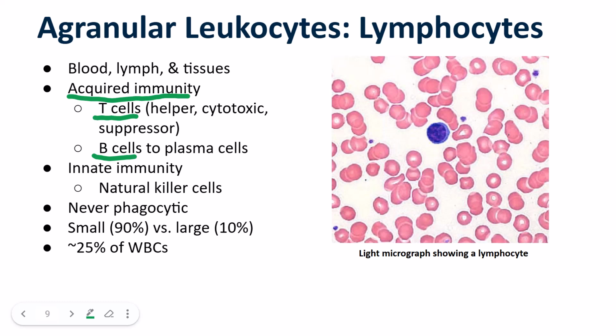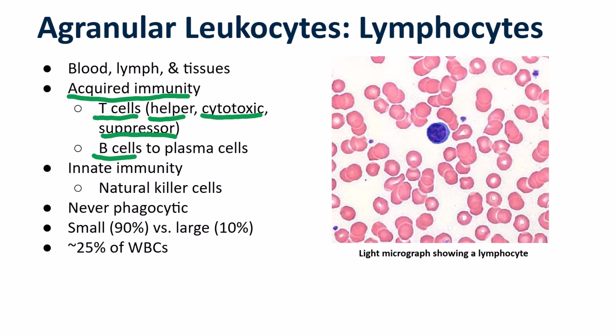T cells come in a variety of different types. There are T helper cells. T helper cells are going to be stimulators of other lymphocytes, such as cytotoxic T cells, which can destroy pathogens. There are also T suppressor cells, or Tregs, which are good at suppressing autoimmune responses.